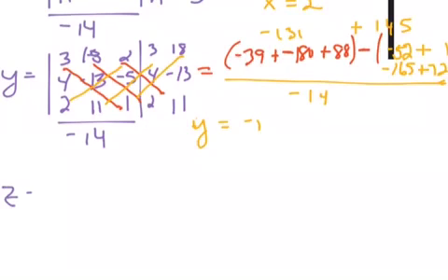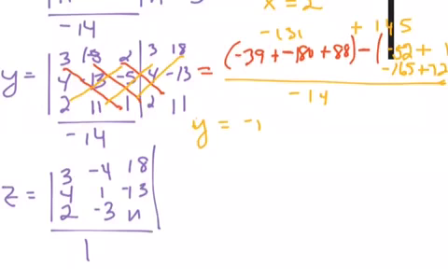So now I'm going to replace the z variable. So x and y stay what they originally were, and I replace the z variable. So again, I'm going to copy the first two columns so I can find my determinant and start multiplying. That's an 11.